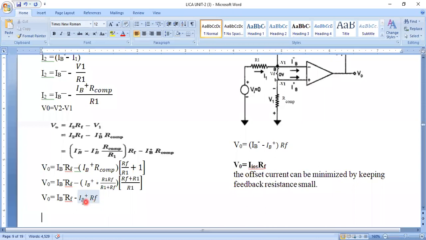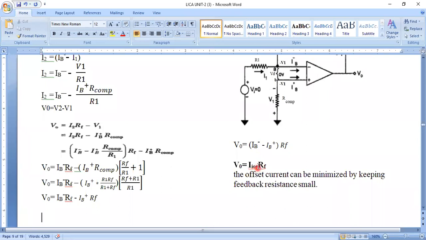Here the entire thing is in the form of base current with respect to feedback resistance. That is, the output voltage V0 is equal to IB minus IB plus, into the feedback resistance. This value is nothing but the actual definition of input offset current, I suffix IOS.